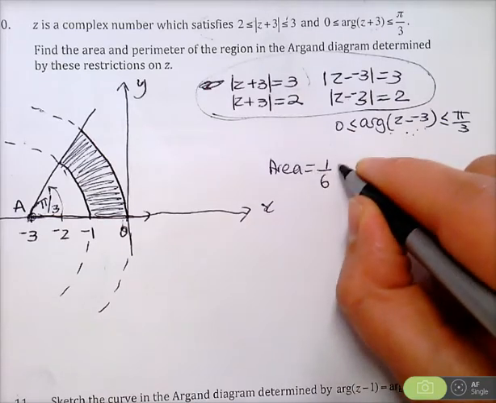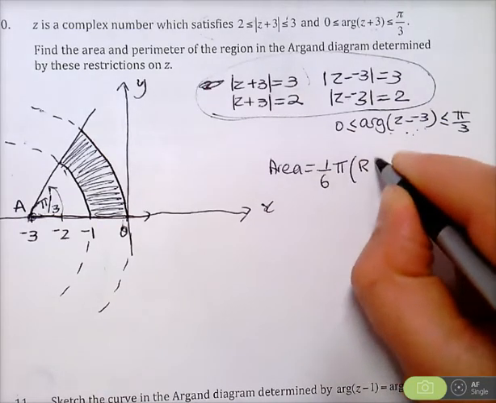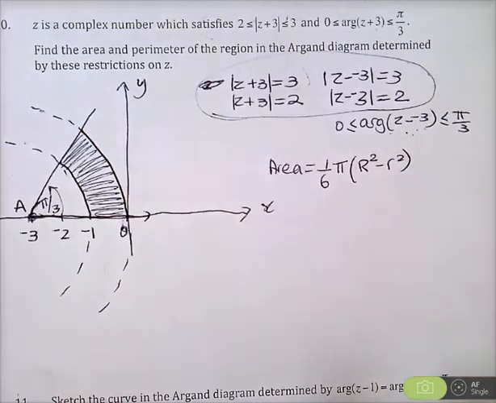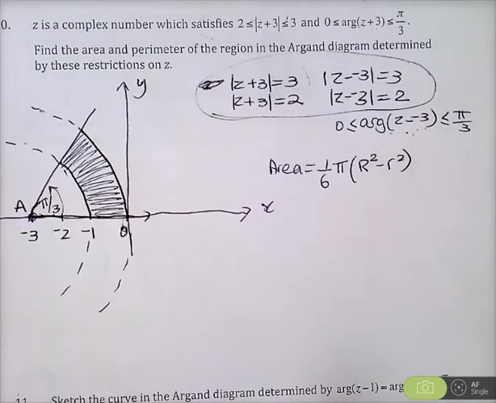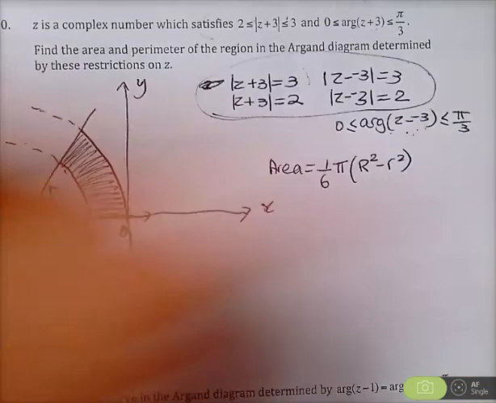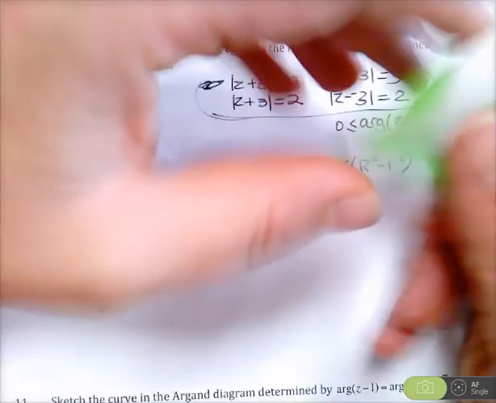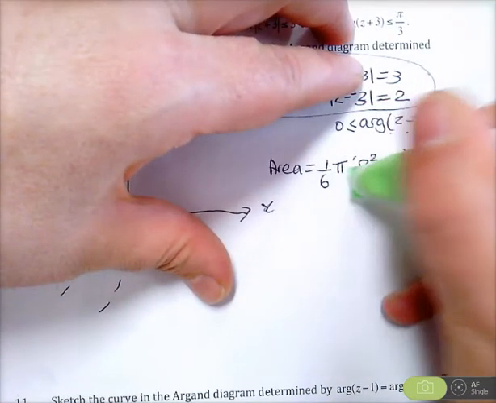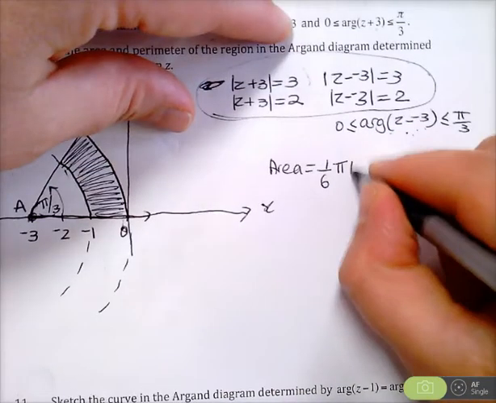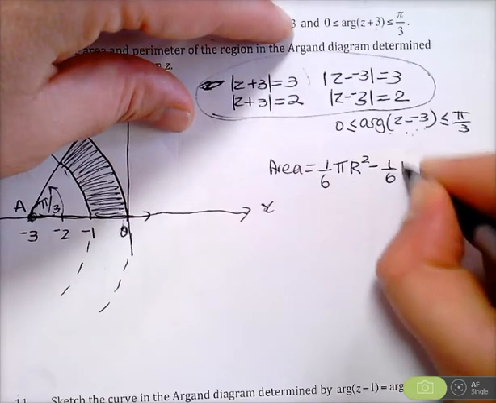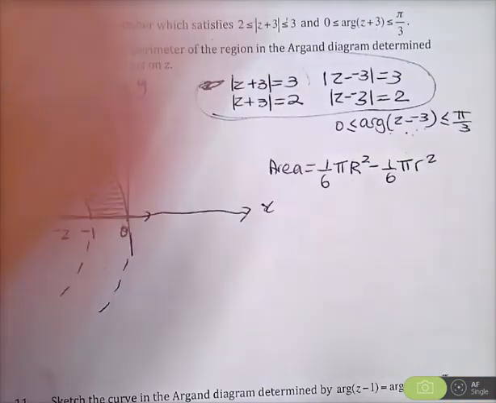Do you know how an annulus is pi R squared minus pi r squared? I can do 1/6 of the big circle minus 1/6 of the small circle. So I can just go 1/6 pi R squared minus 1/6 pi little r squared. Are we okay with that?